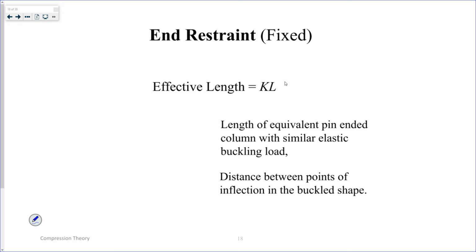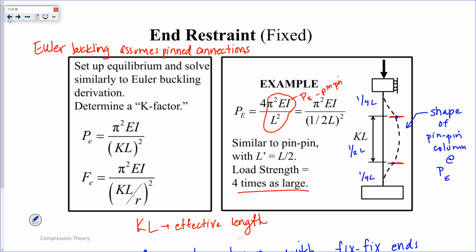It's the length of your equivalent pin-ended column with similar elastic buckling load. Like I said, a 30-foot column with fixed ends will buckle at the same load as a 15-foot column with pin ends. And it is the distance between the points of inflection of your buckled shape. These are your points of inflection.